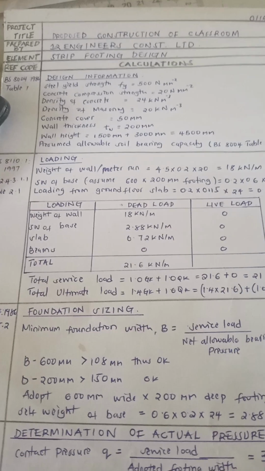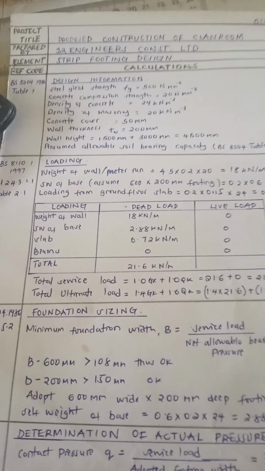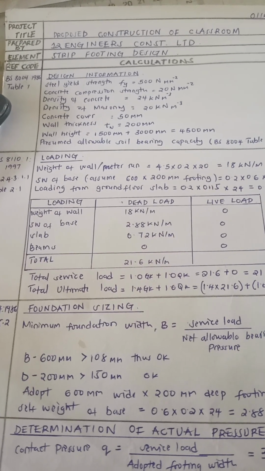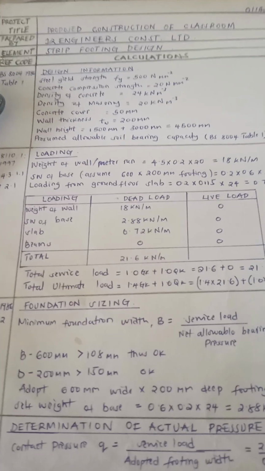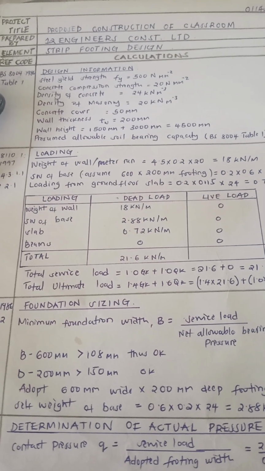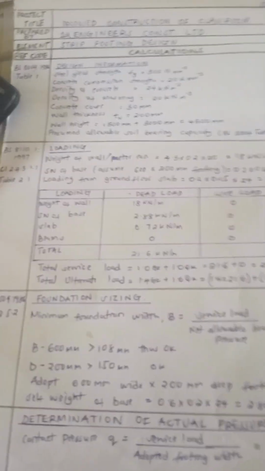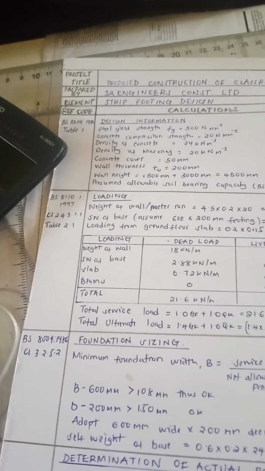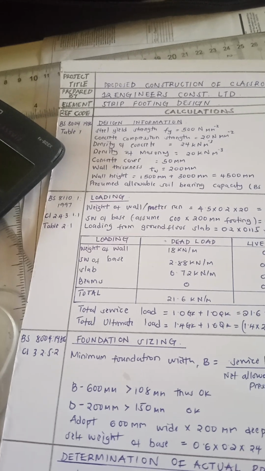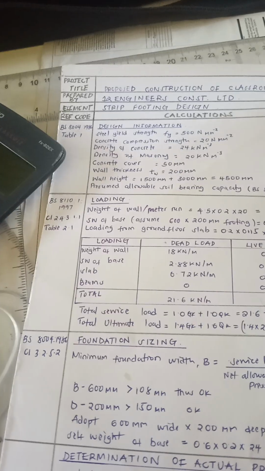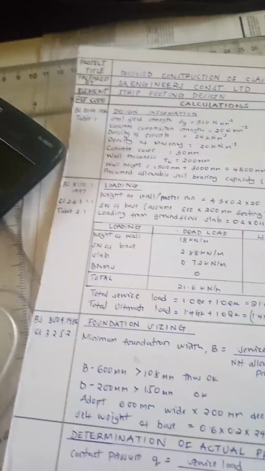Of course, strip footing is a shallow foundation that provides basically a linear, or maybe a continuous and linear, support to the load-bearing walls. They are mostly used on load-bearing walls or closely spaced rows of columns for that case.